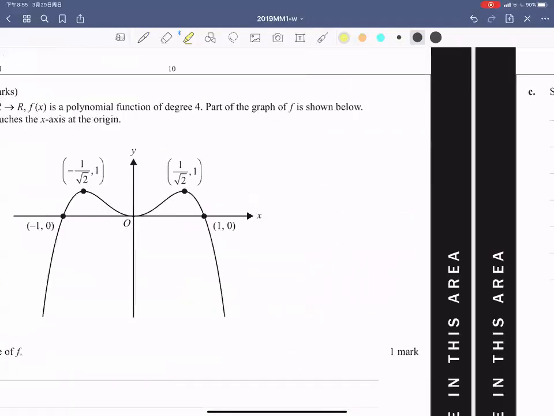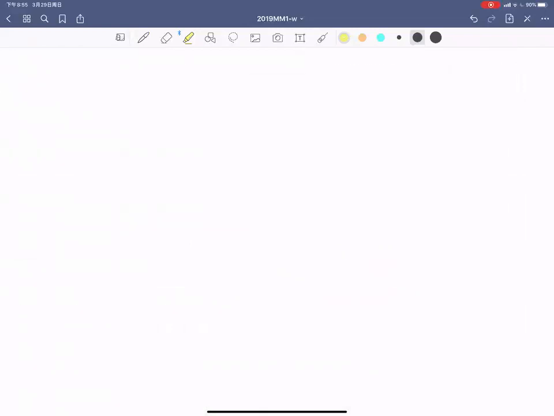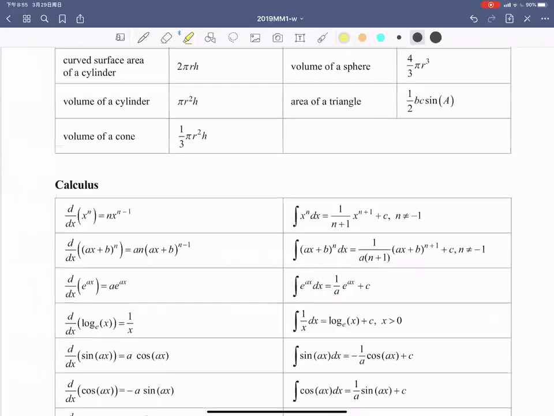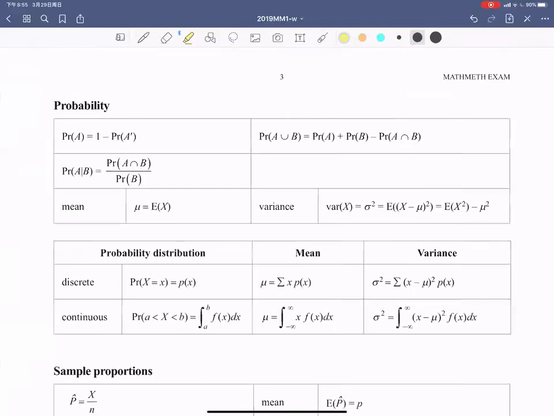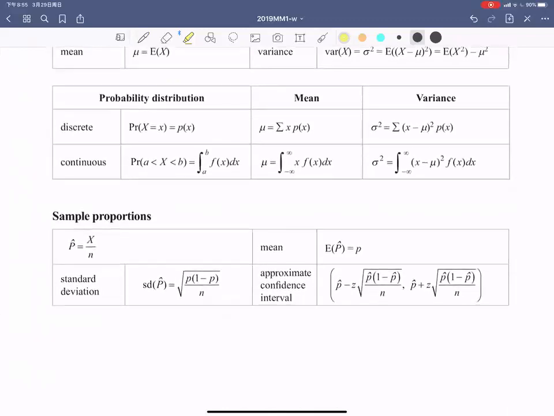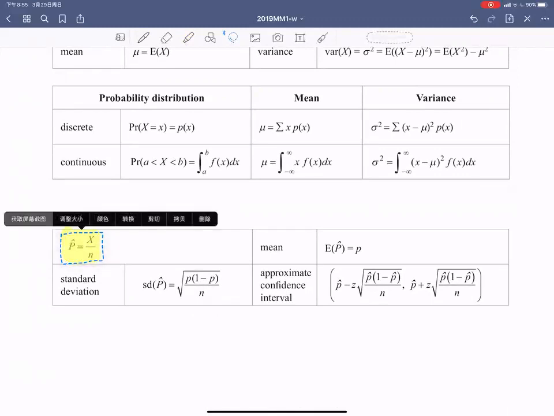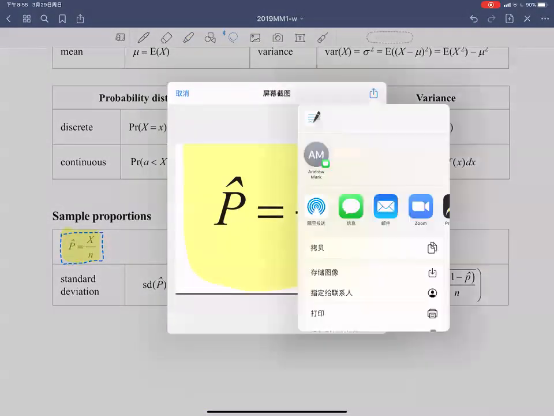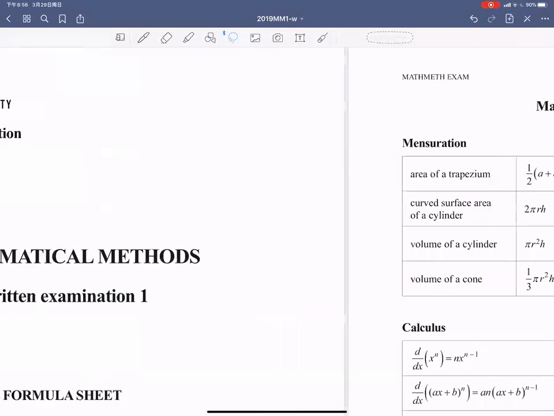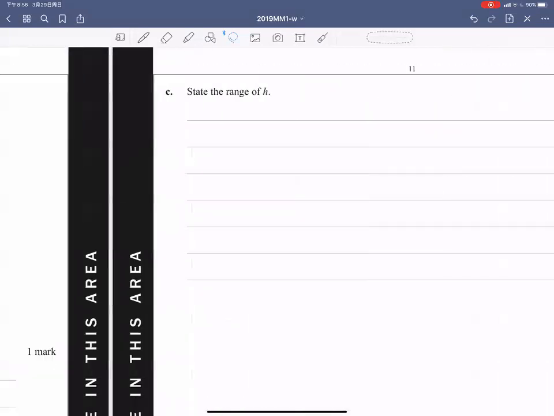You have to look at the formula sheet. Because I know I'm doing probability questions, sample proportions. Excellent, that's what I need. Let me quickly take a screenshot of that one and refer to it here. A nice little formula.